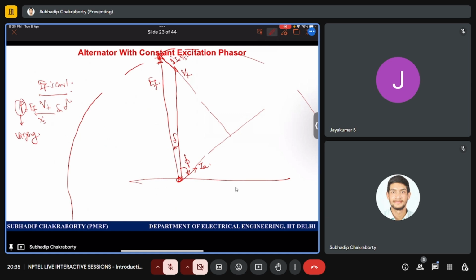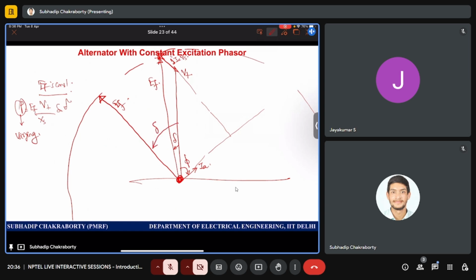Can you quickly draw what will happen if I maybe try to reduce the power factor? Let's say my EF is now here. Power angle increased.